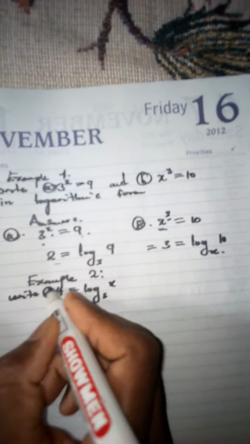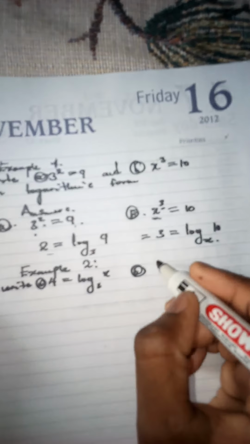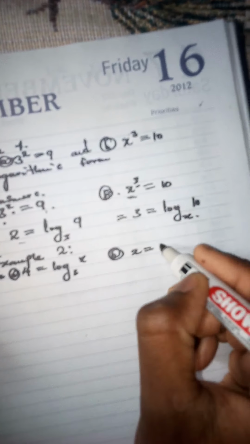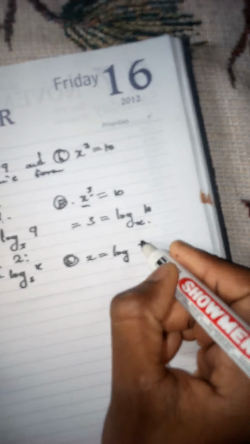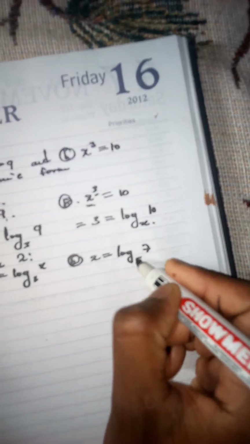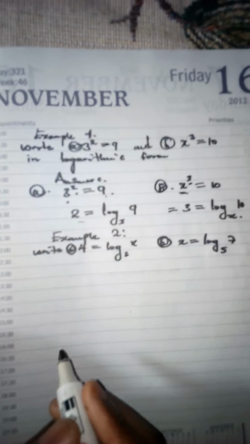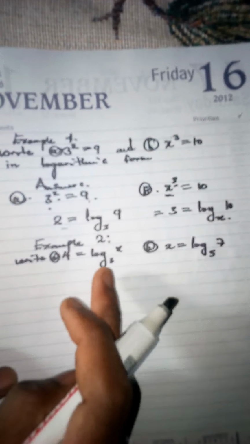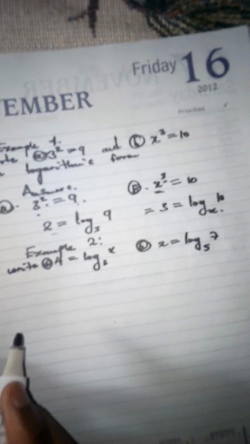That's my a. (b) x is equal to the logarithm of 7 to the base 5. Okay, so you can pause the video and try to change these logarithmic equations into exponential ones.